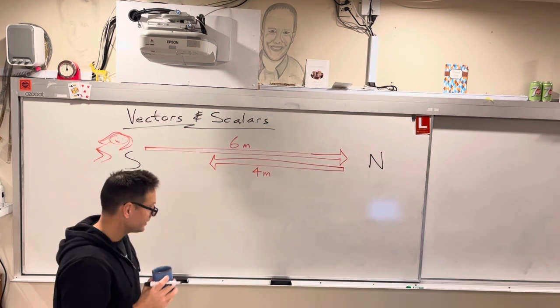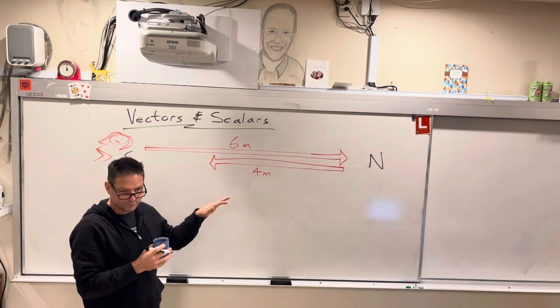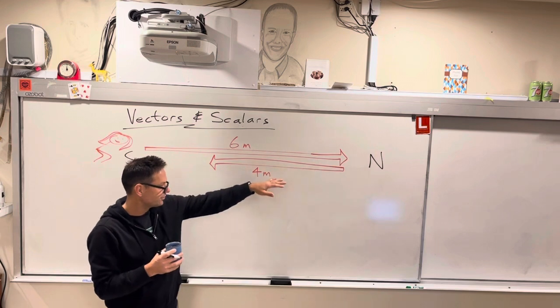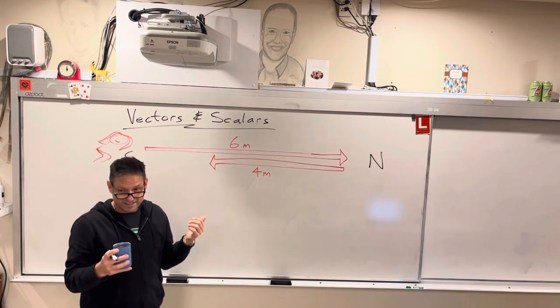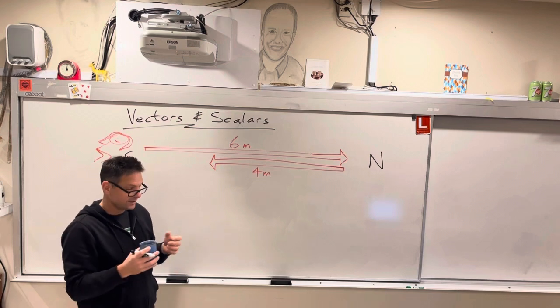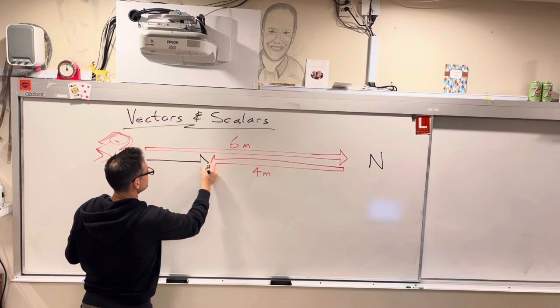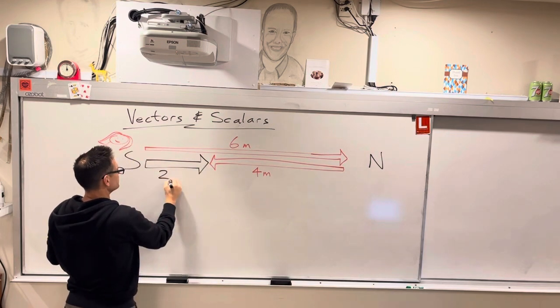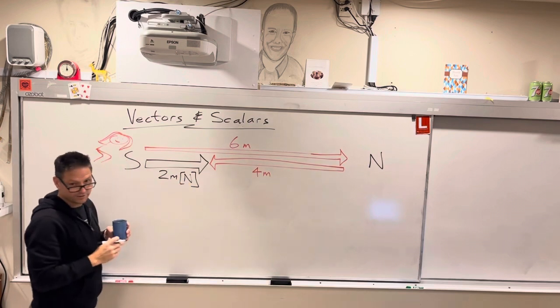But then we asked, if you were asking somebody if she was lost in the woods and you knew she'd gone 6 meters north but then 4 meters south, the answer to where she is, her position, is 2 meters north, right?